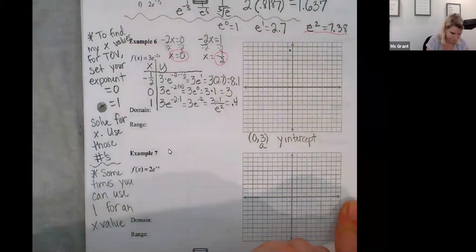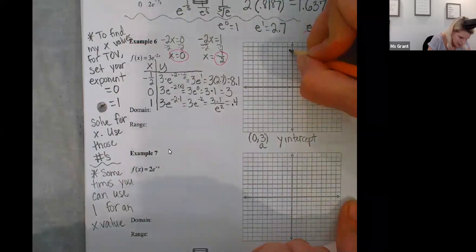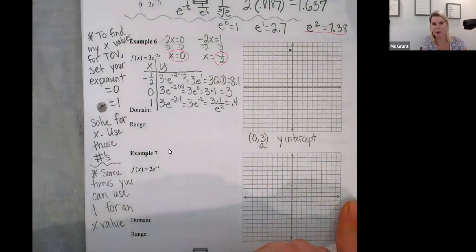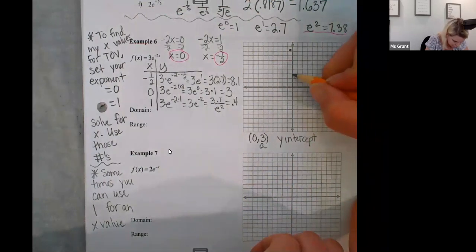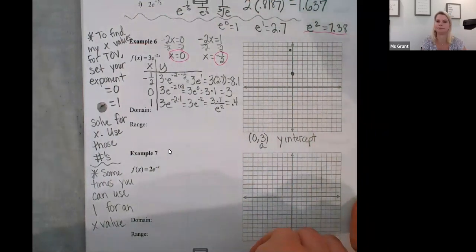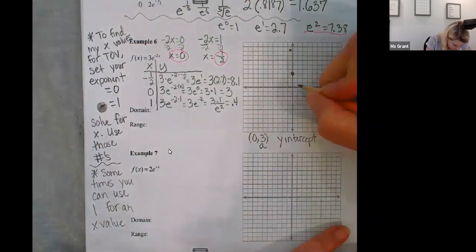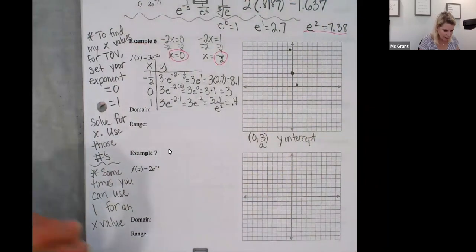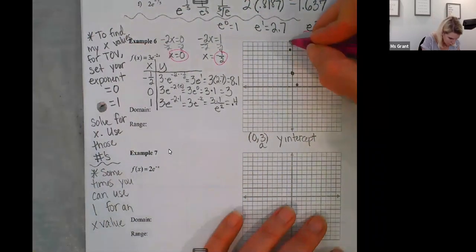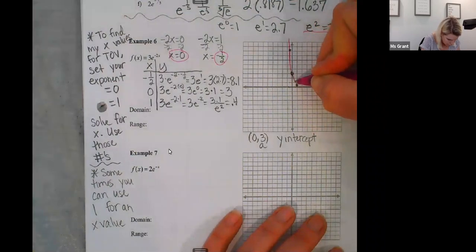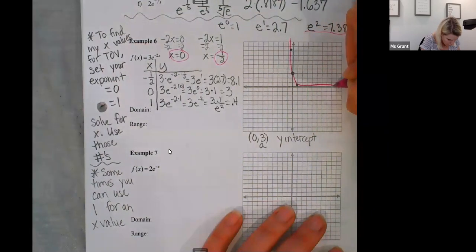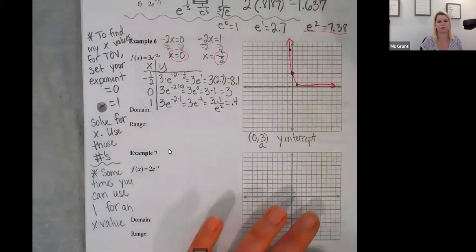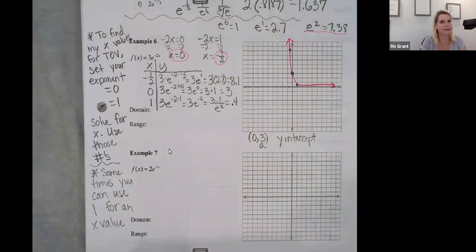The larger I make it, the more it's not 8.1, but whatever. (0, 3), y-intercept. (1, 0.4). Connect the dots. There it is.